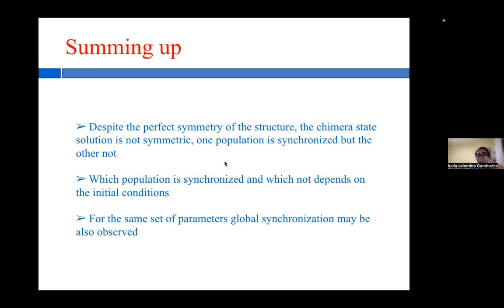So again, we are considering the two populations. The units inside each population are connected with one another, and each unit in each population is connected to all the other units in the other population.